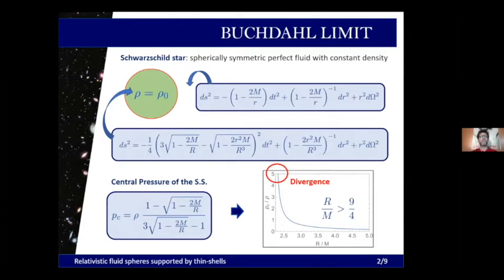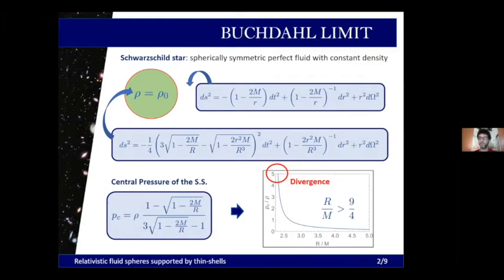Now, the thing is, the Buchdahl theorem is based on a few assumptions. And one of the assumptions is that the density of this star must be non-increasing. So if we drop this assumption by somehow creating a shell of fluid inside or outside the star, we can avoid this assumption of the Buchdahl theorem, and we can create models for stars that are able to replace black holes in the universe.